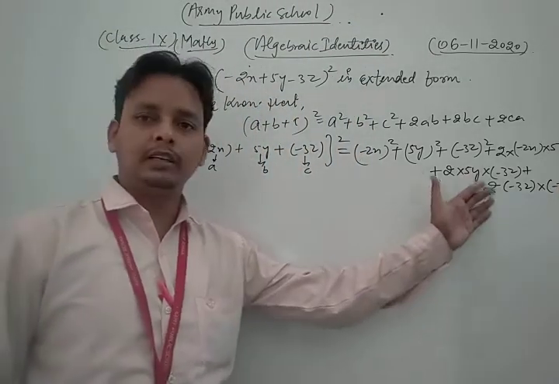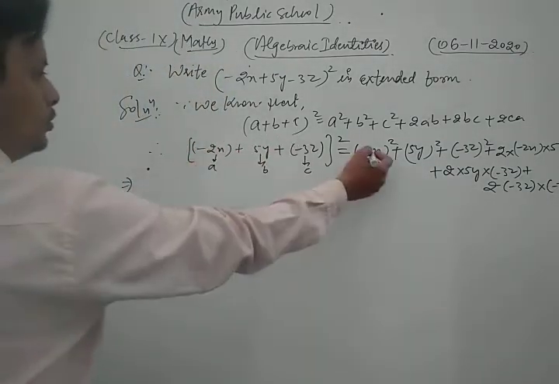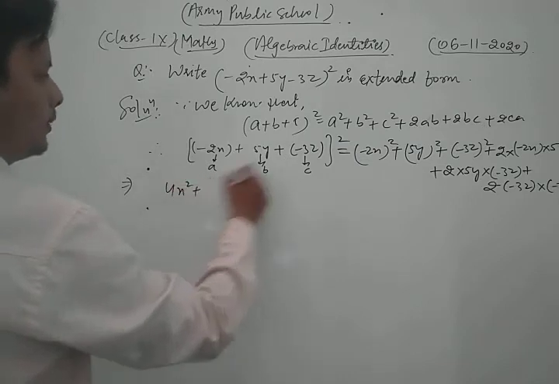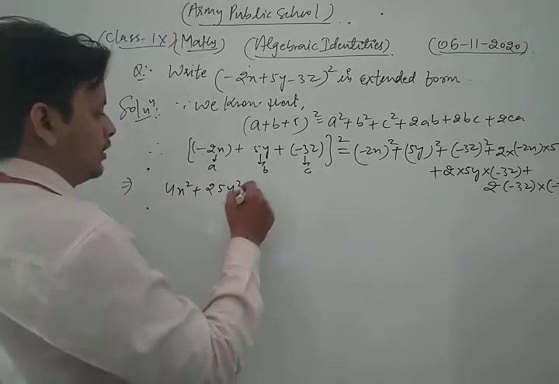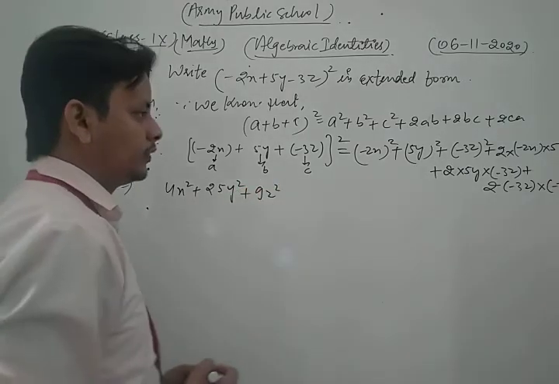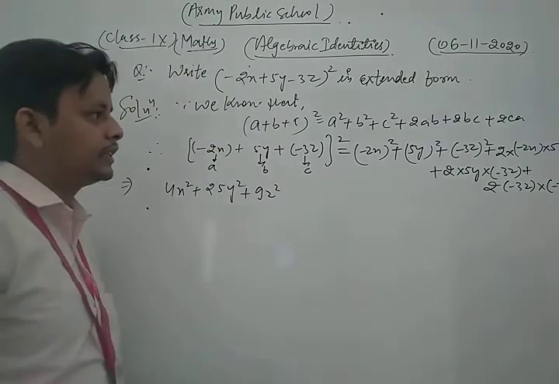Now we have expanded, so we simplify them. Let's see. We get plus 4x square plus 25y square. Now 3 times 3 is plus 9z square, because the square of a minus is converted into plus, so we write 9z square.